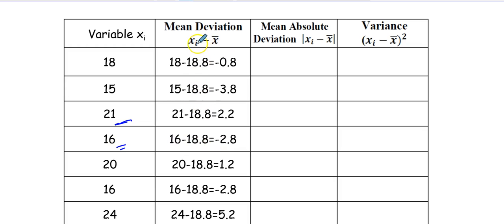Remember, the x values are the xi's, and x bar is the mean, which is 18.8. Sometimes you can just replace x bar with the mean you obtained from here. It is the same all through, 18.8.